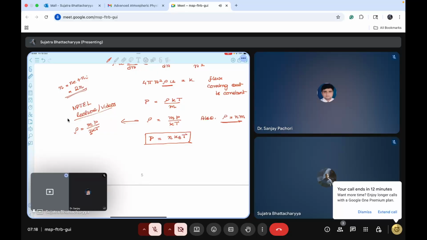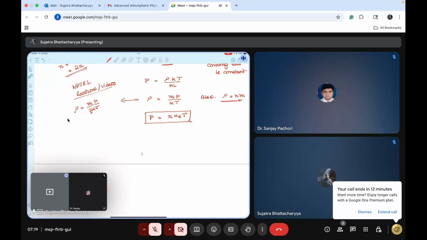But I'm not considering that because we have already assumed plasma as a single fluid. There is no distinguishing of electrons and ions. So if we take it as a single fluid, N is the density of the plasma, and hence we are not writing 2N. Just read whatever they have and try to solve for the final expression they are getting, and the final expression I am getting based on this.